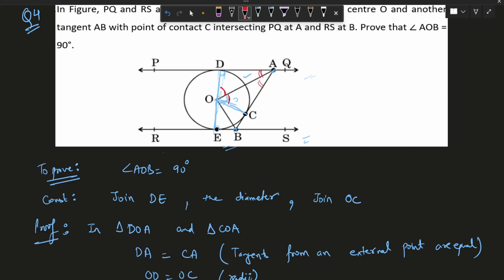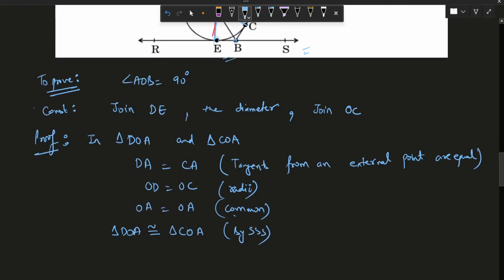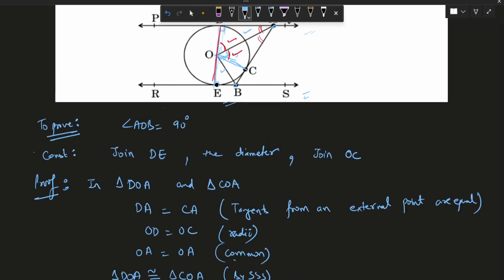There are many ways of doing this question. I'm following this DE one. I'll take that only line. So these two angles will be equal. Okay, so let me write it over here. Angle DOA will be equals to COA. So you will say DOA equals to COA by CPCT. Similarly, I'll write similarly because you don't have to prove these triangles again.